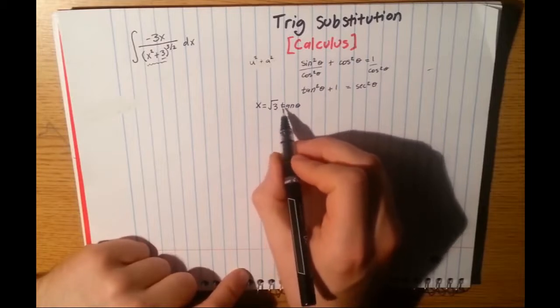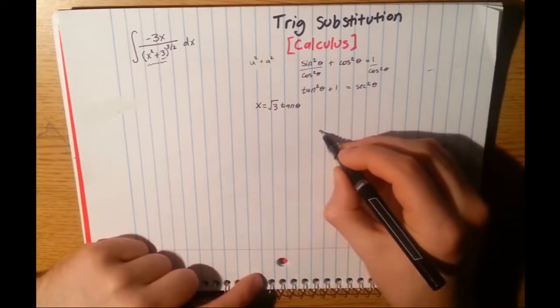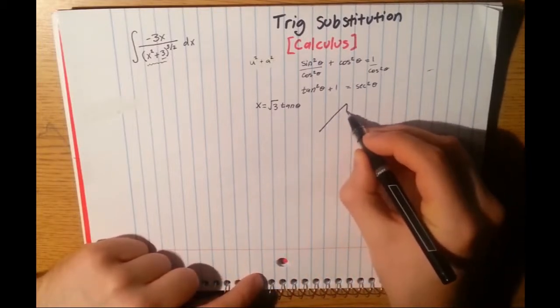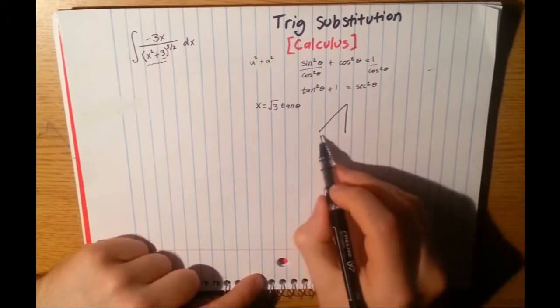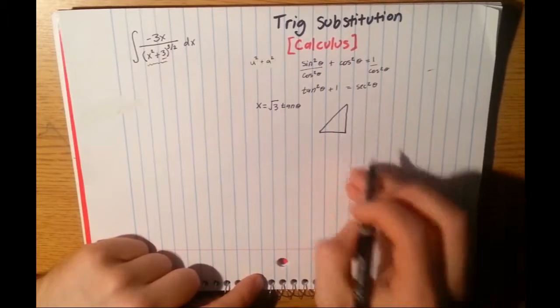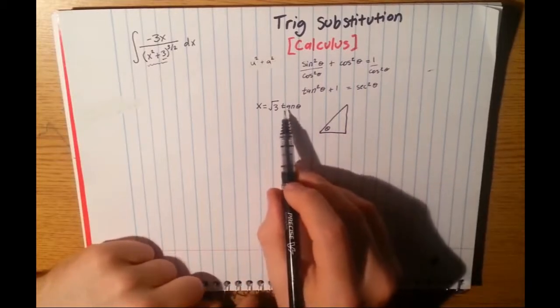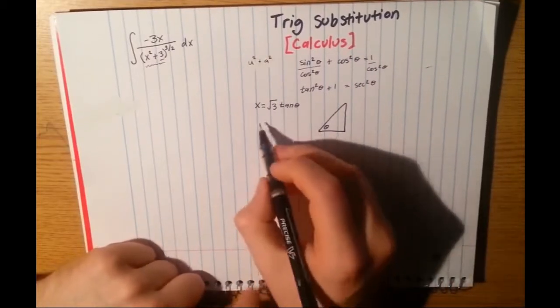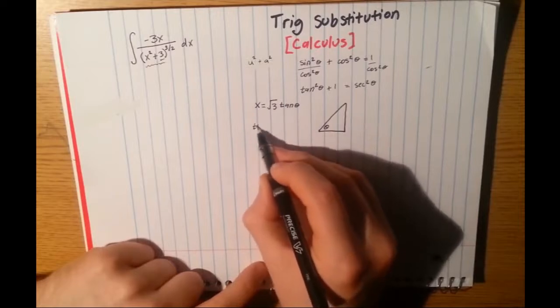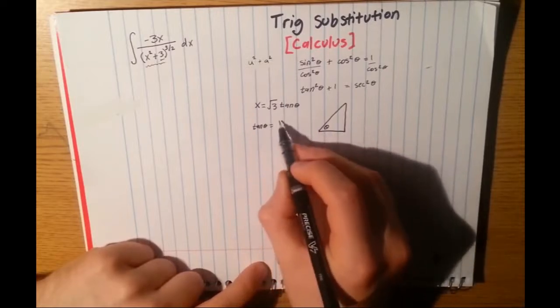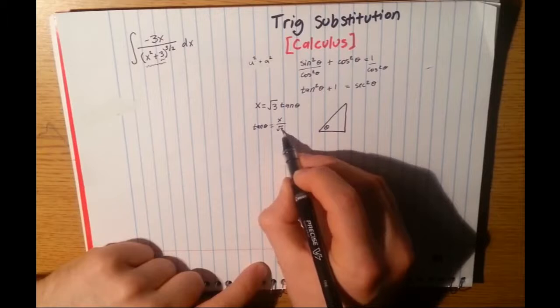My next step is when I have my tan theta, I got to make a triangle because I got to see what I'm working with. And this sometimes can trip people up, but we'll see what's going on here. So I have my theta right here, and always draw the picture. I know that I'm going to solve for this, so tan theta is going to equal x over root 3.